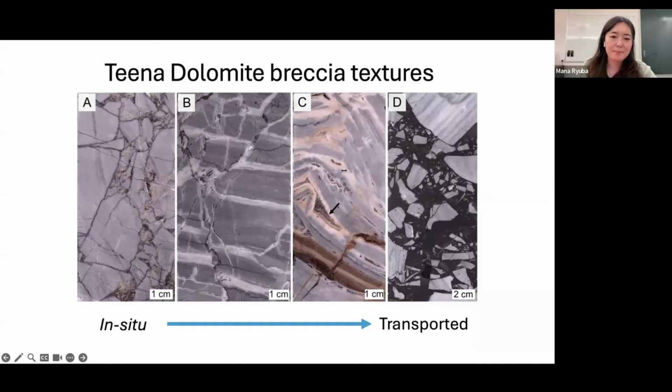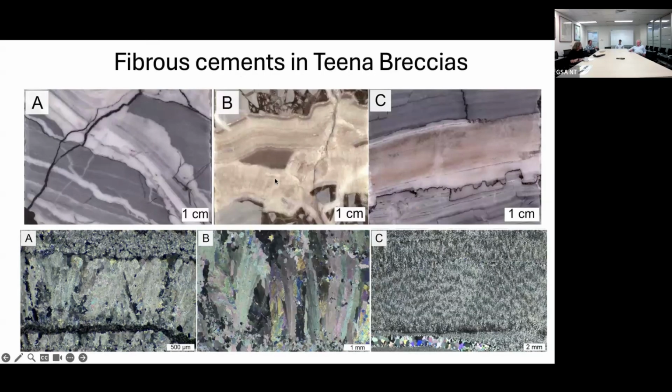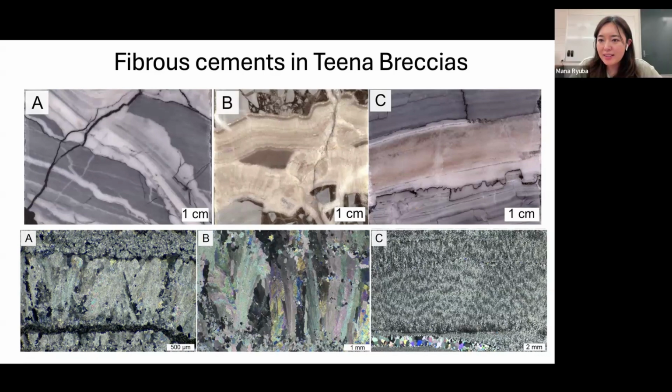Thanks. I've got another question. Is there a karstic component to these breccias? Is there any subaerial exposure and they're forming during that, or are they always underwater? It seems like they're always underwater. We didn't see any evidence of karst structures.